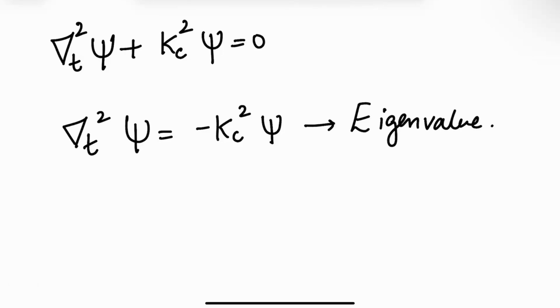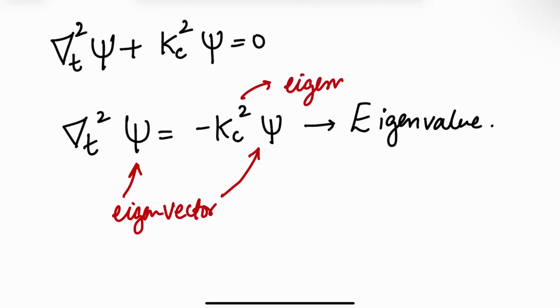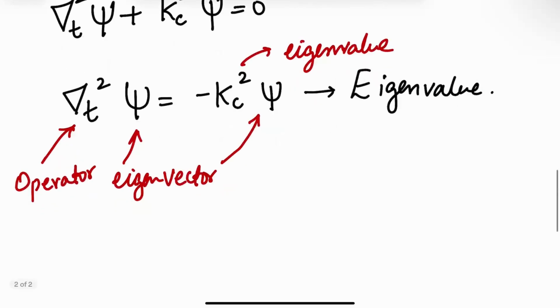So I have the eigenvector, which is this psi function. This is my eigenvector. This is the eigenvalue. And this is the operator, right? The Laplacian operator.